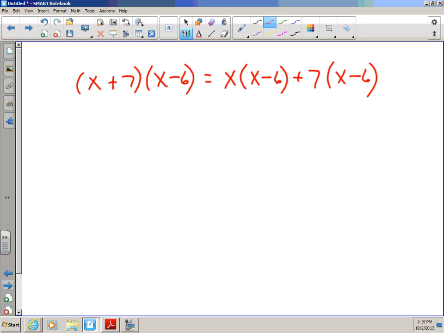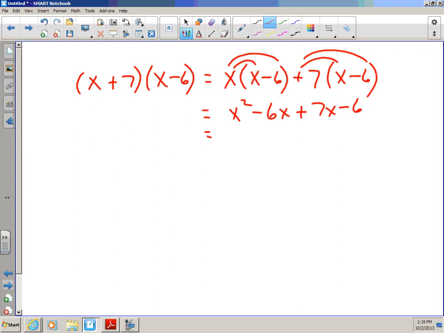If I were to pull this back together, from the right to the left, you will see that the grouping leads me to these 2 binomials. But that's not what I'm trying to do right now. I'm trying to expand it. So now, what do I get? I distribute to get x squared minus 6x plus 7x minus 42.